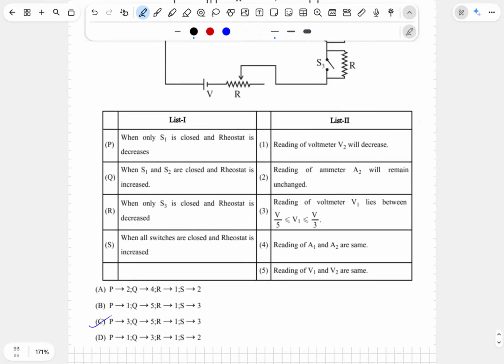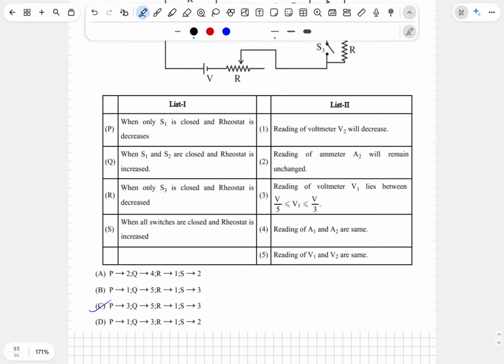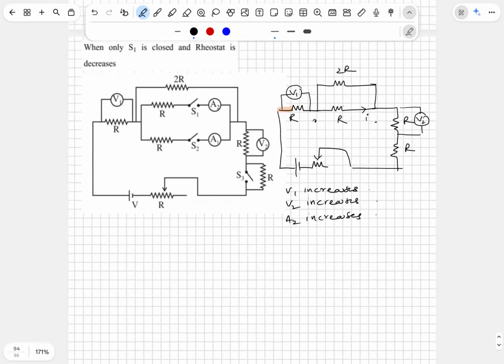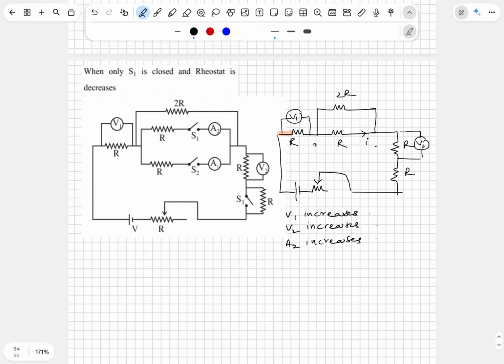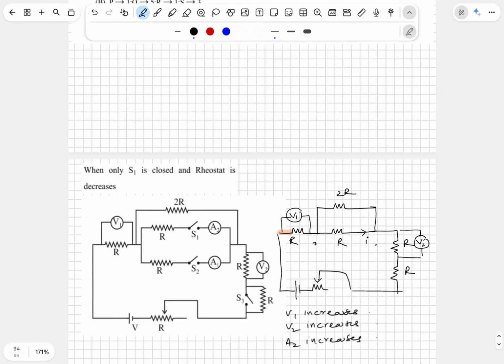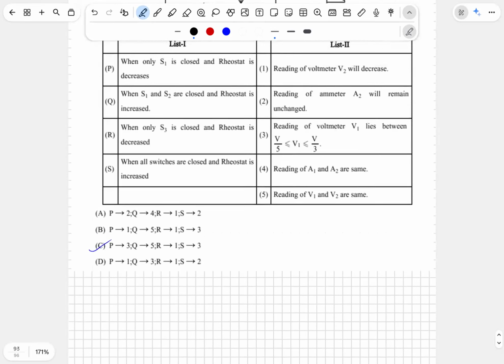The reading of voltmeter V1 lies between V by 5 and V by 3. Reading of A1 and A2 are same, no. Actually, reading of V1 and V2 are same. Reading of voltmeter V2 decreases, wrong.